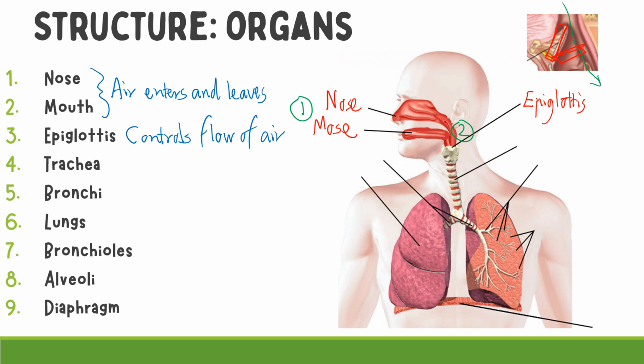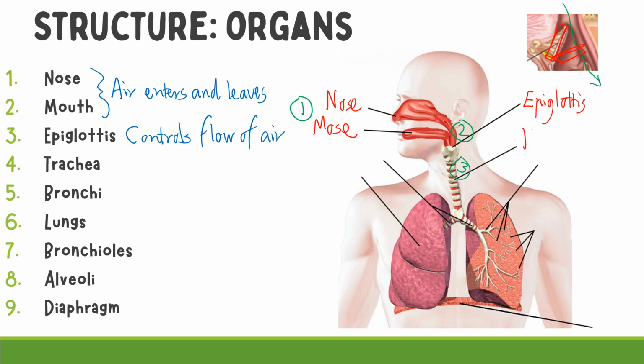Once the air passes the epiglottis, now we're in the respiratory system. And the windpipe is the next part, the next organ that the air travels through. So you can see it's covered in these loops of cartilage there to hold the windpipe into a cylinder shape.